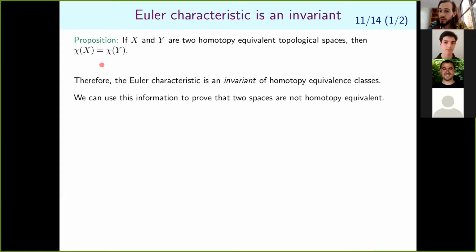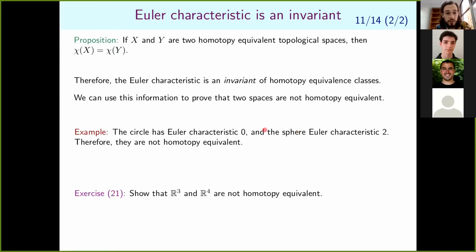So, as we've seen the other days, this means that the Euler characteristic is an invariant of homotopy equivalence classes of topological spaces. And the main use of this information is that we can use the Euler characteristic to prove that two topological spaces are not homotopy equivalent. We just compute their Euler characteristic and check whether they agree or not.